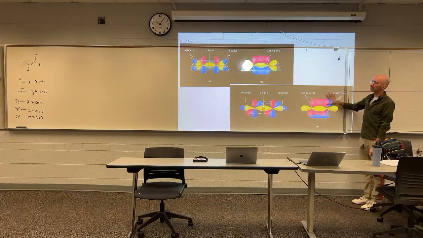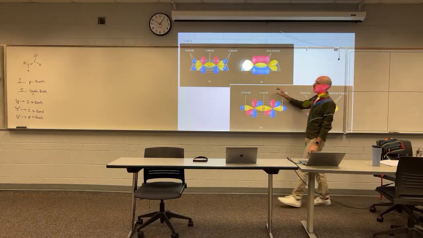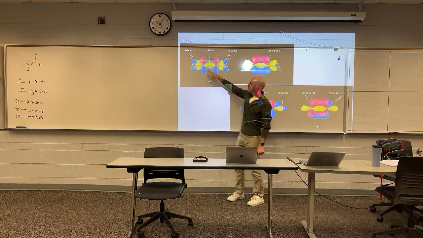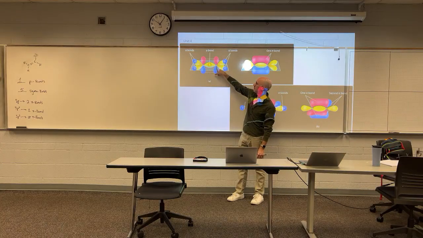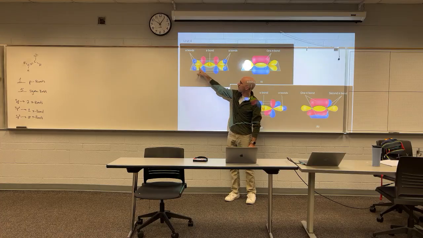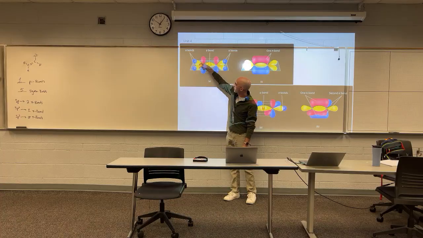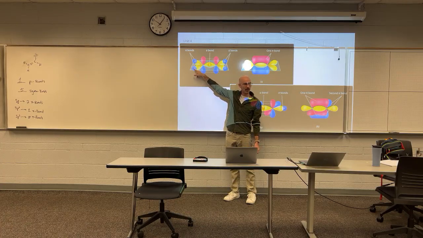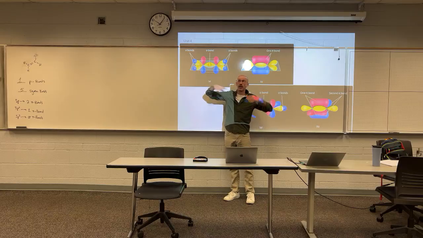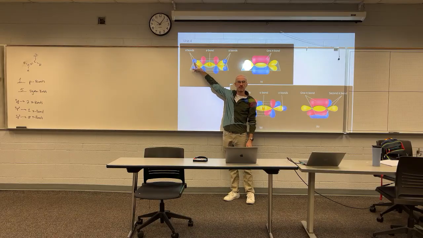And I forgot to show this the other day as well. This is in your textbook. This is a nucleus here, and it's actually showing hybridized orbitals in yellow. And you'll see that one of the hybridized orbitals comes to overlap with an s orbital, that's a sigma bond. A hybridized orbital head-on overlap with an s orbital, sigma bond.